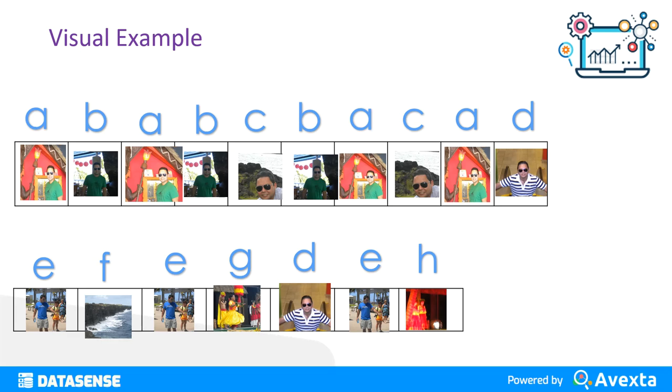So if we go back to our visual example, you see that the A is going to repeat somewhere down the line, right? So if we go all the way here, it repeats over here. So if we segment the array, we know that we cannot have a segment that has A as part of its group, right?